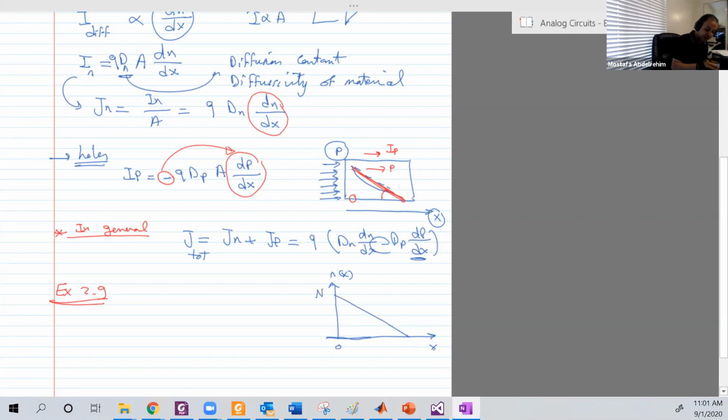So if this is the x-axis, you have a material, the material has some length L. At x equal to 0, we have the density of electrons equal to n capital, and at L it's equal to 0, and it's linear as you see here.